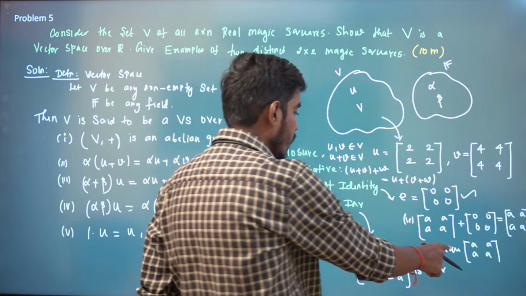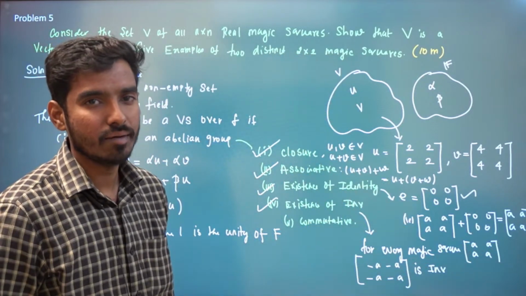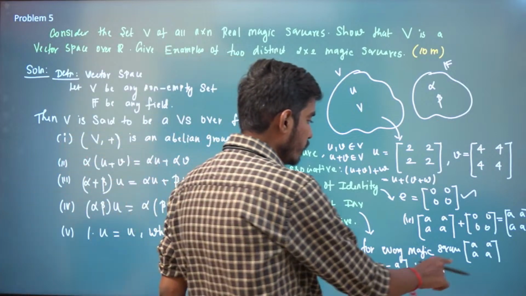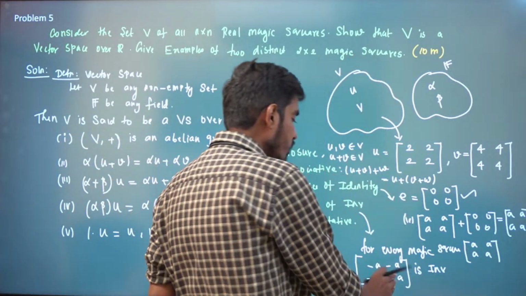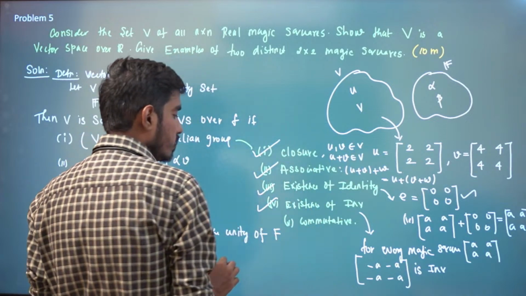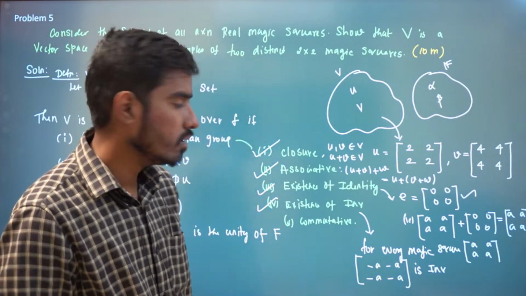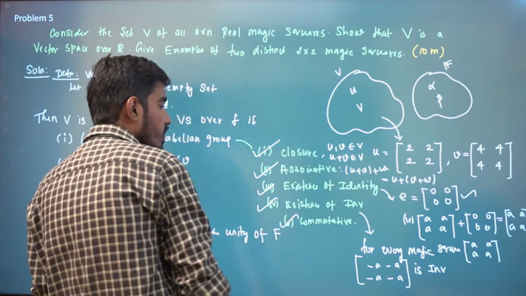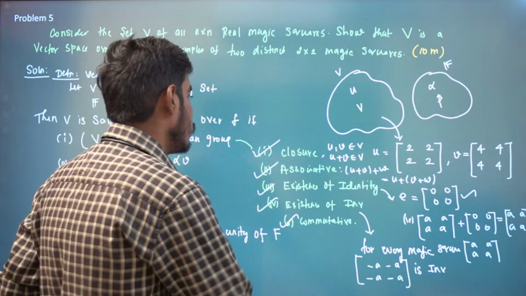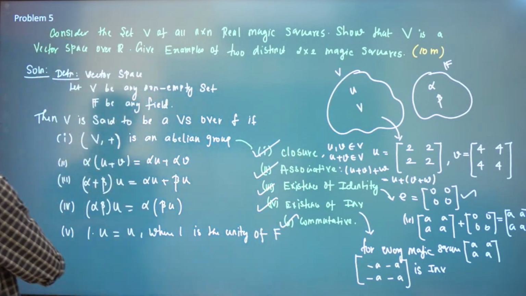I'm just explaining for a 2 by 2 magic square; you can generalize for n by n magic square. So the inverse exists, and this also belongs to V because this is also a magic square, right? And again, it is commutative: A plus B is equal to B plus A. So the set V is an abelian group with respect to addition.